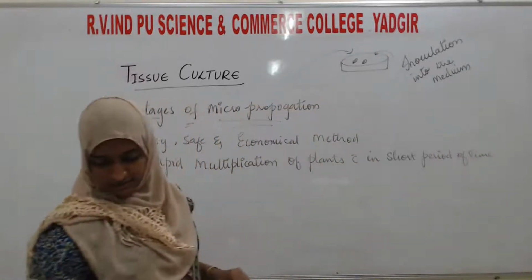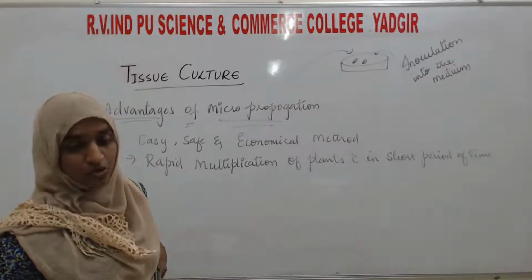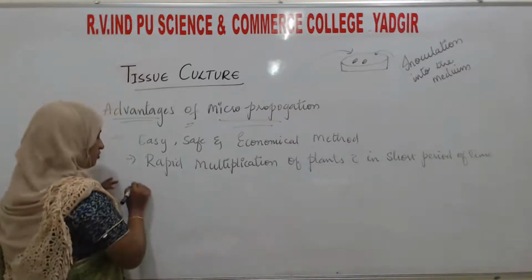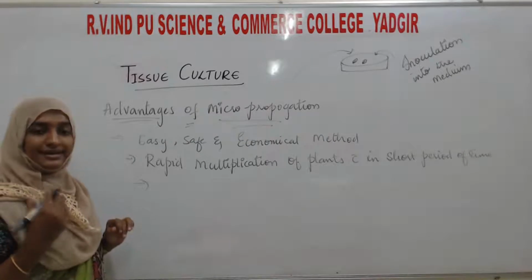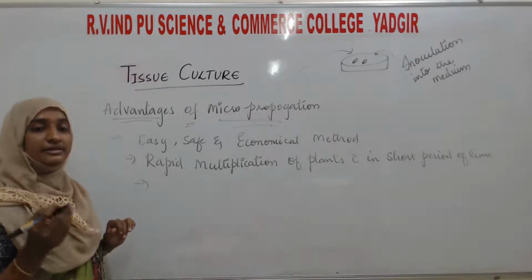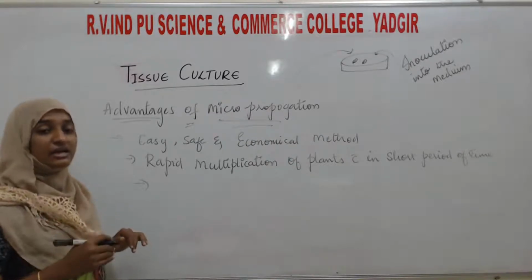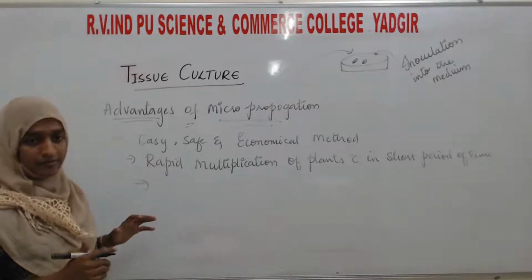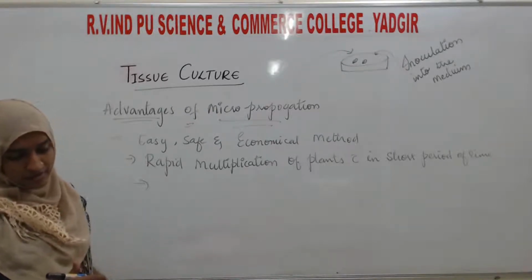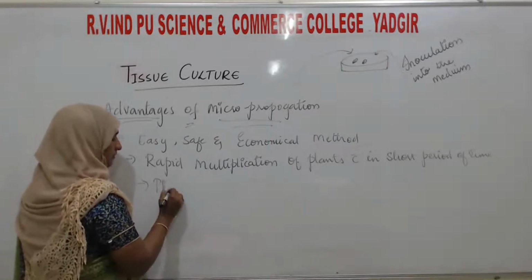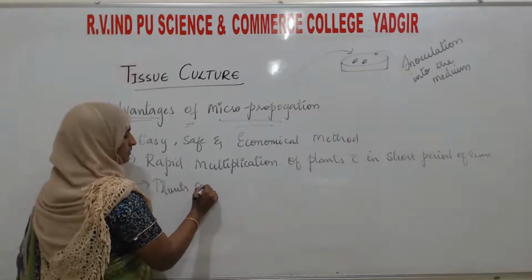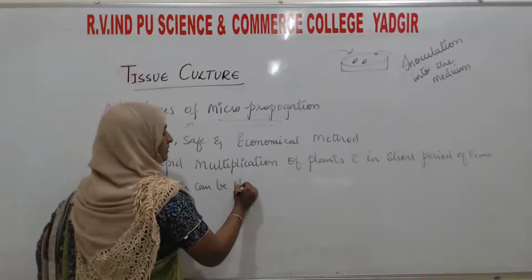Next, plants can be obtained throughout the year. There is no particular season, because natural temperature and natural light are not needed; they are provided artificially in the labs.